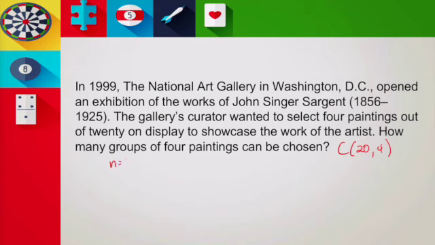So n is 20 and r is 4. Our combination is going to be 20 factorial over 20 minus 4 factorial times 4 factorial. And so this is 20 factorial over 16 factorial times 4 factorial.